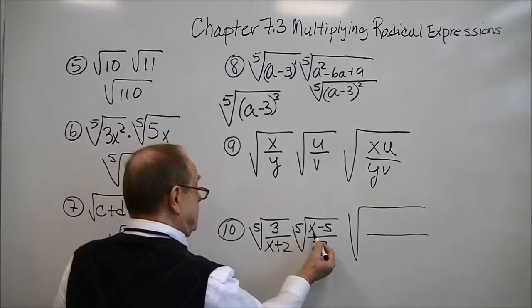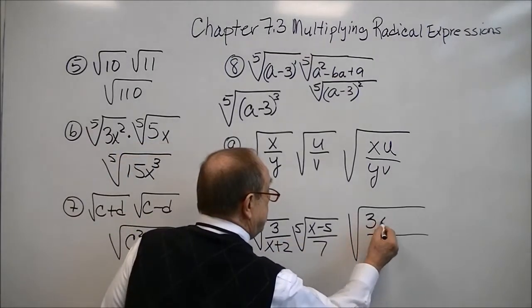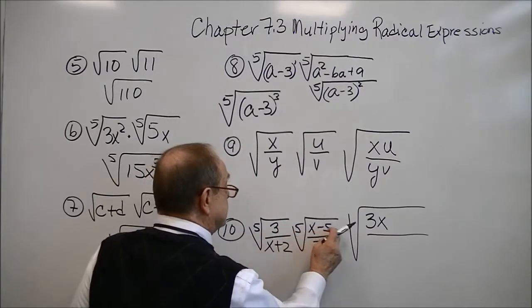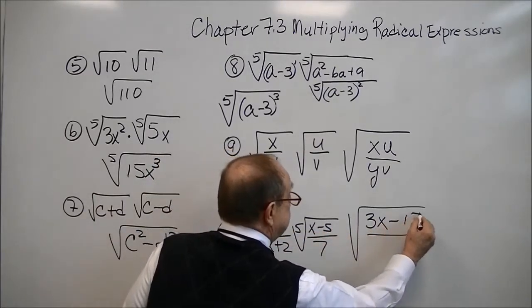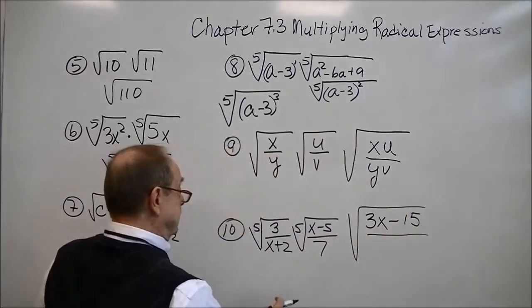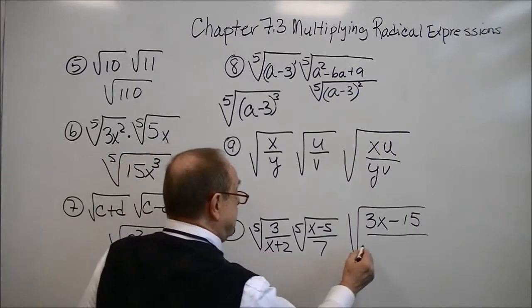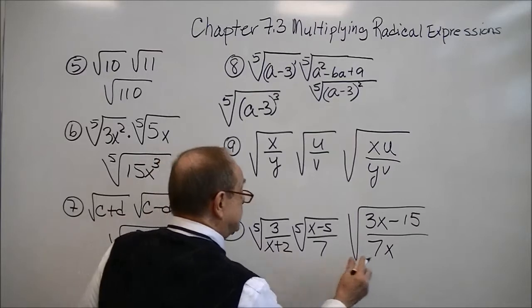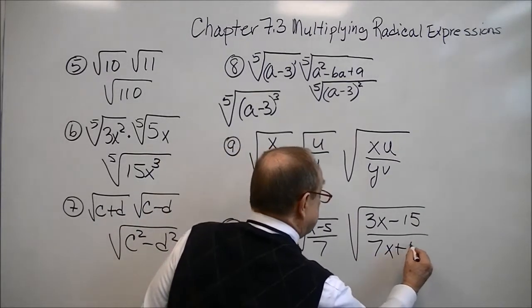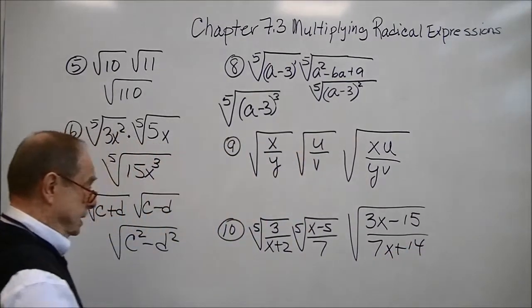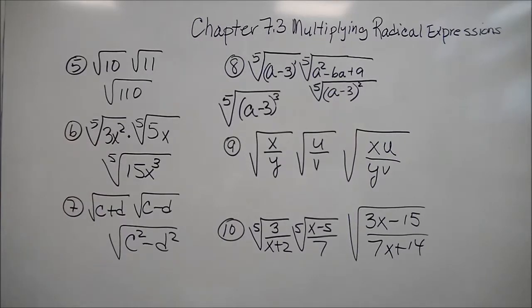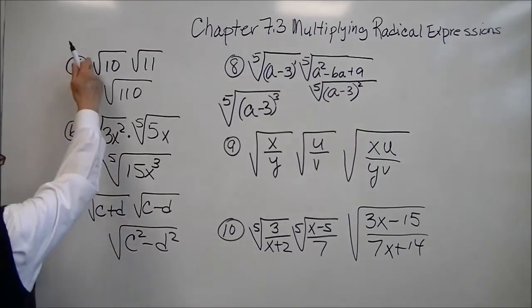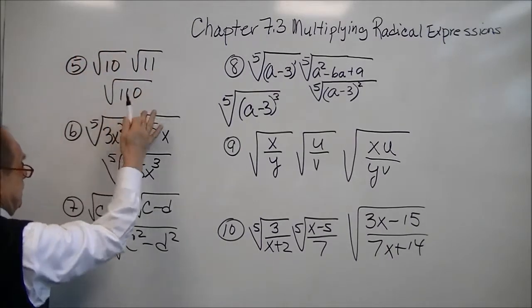So that'll be 3 times x is 3x. 3 times a negative 5 is a negative 15. 7 times x, 7x. 7 times 2, 14. Okay, some of the simple rules. The key is it must have the same index number if you're going to do it this way.